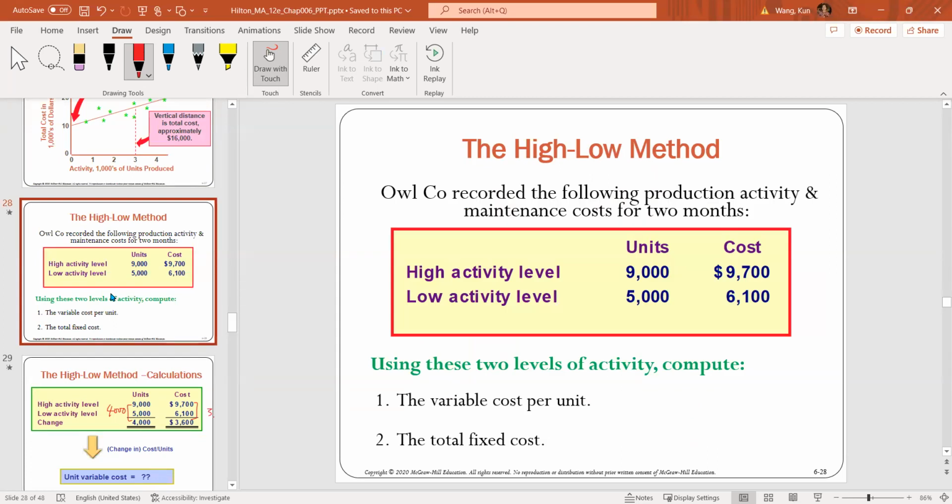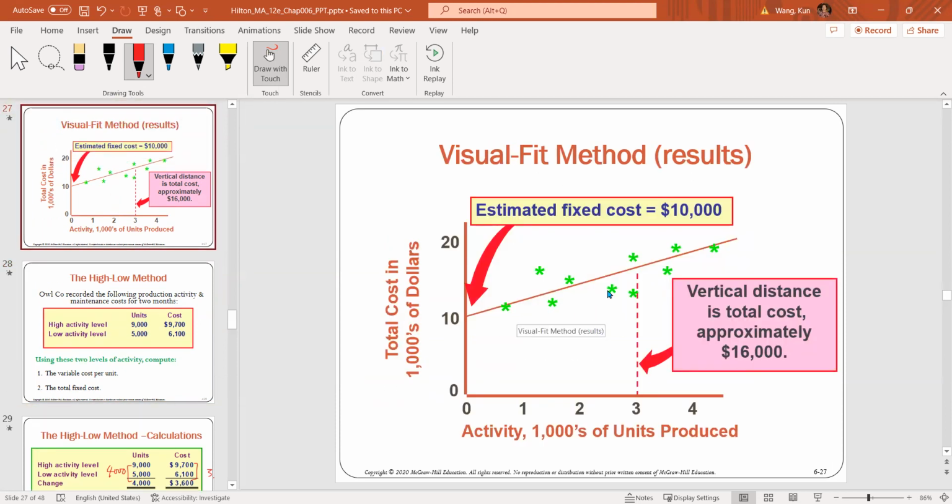And then the high-low method is a simplified approach, especially during the manual stage. Okay, we haven't really used the software. The idea is that among all of the historical data, like this one we have here, you don't really use all of them to simulate a line.